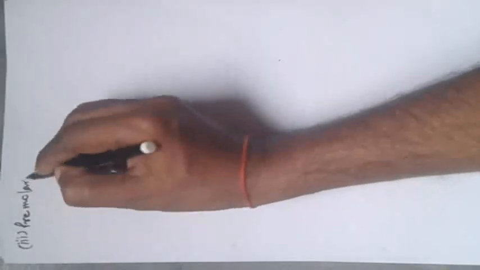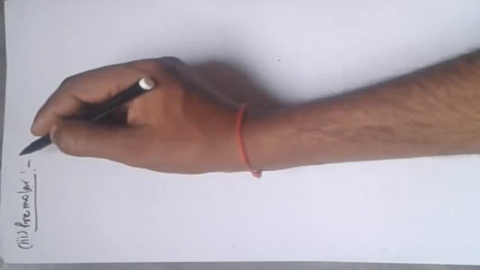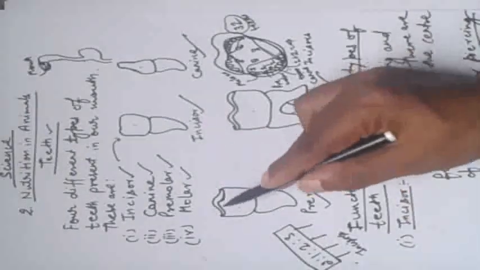The next type, the third type, is called premolars. These are large teeth. See this figure?